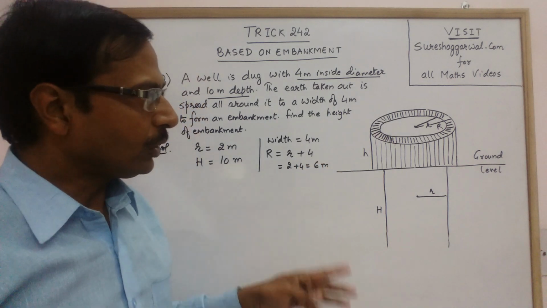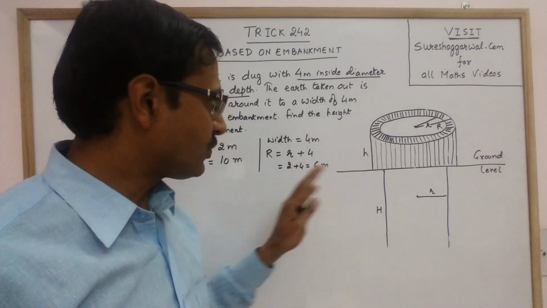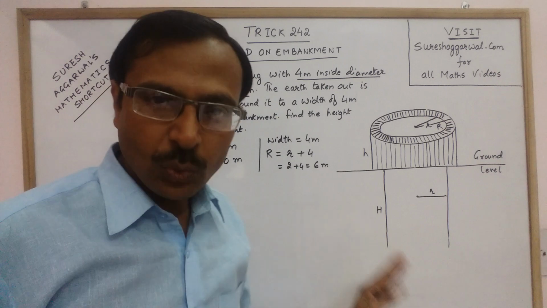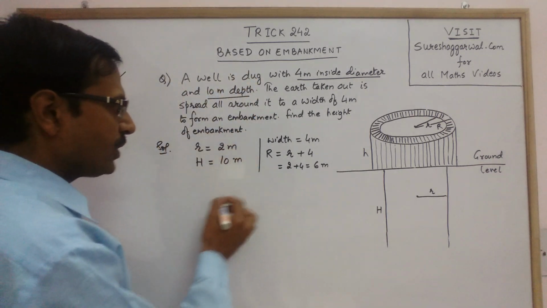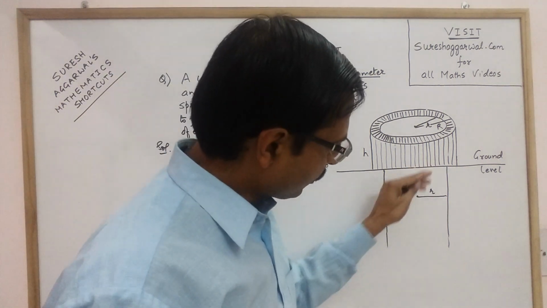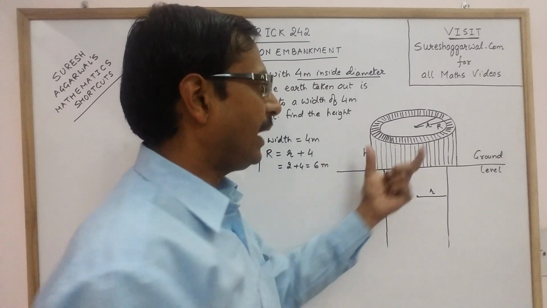So now we know all the dimensions except the height of embankment, which we can find out by equating the volumes of the two figures. Because whatever earth was taken out from this part, the well, has been converted into an embankment.